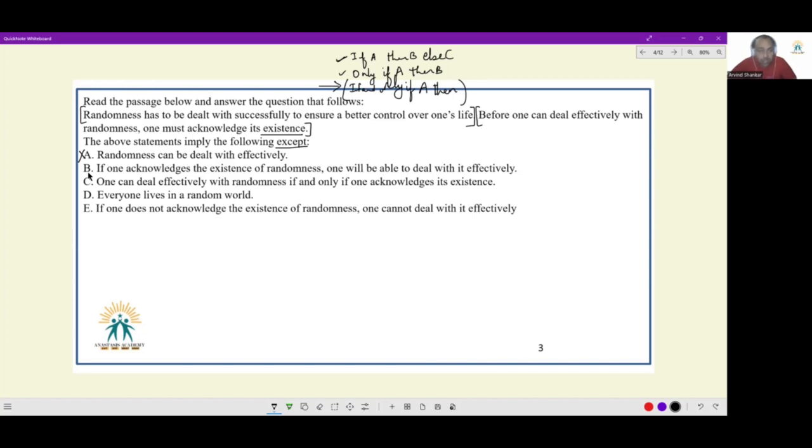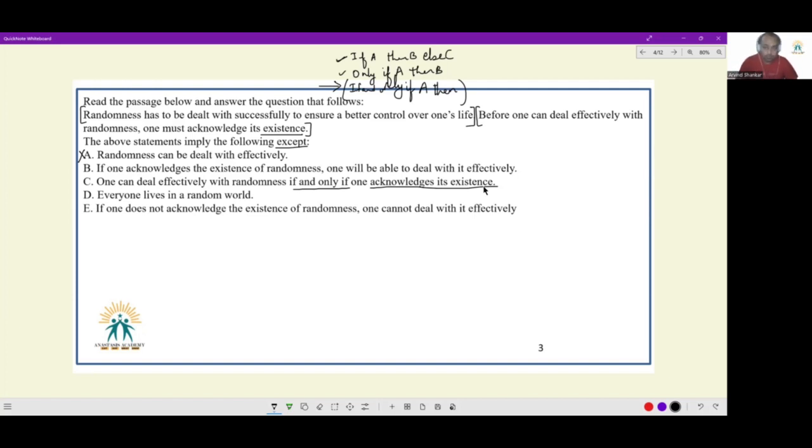Option C. One can deal effectively with randomness if and only if one acknowledges its existence. Okay. Until the time you acknowledge the existence, unless you have fulfilled this prerequisite, you cannot really deal effectively with randomness.